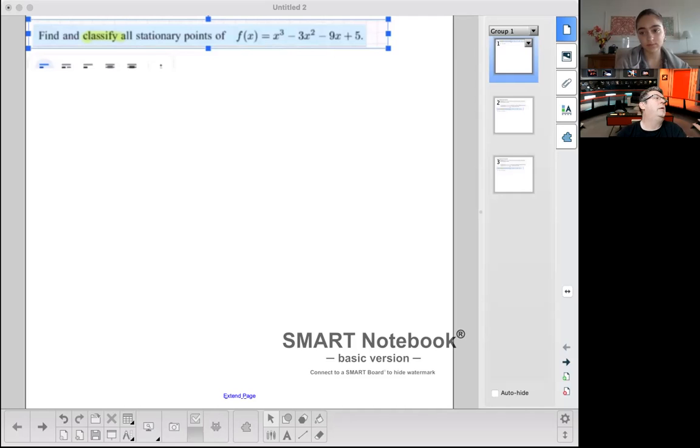X cubed minus 3x squared minus 9x plus 5. This will give you a conceptual understanding of what's actually happening here.